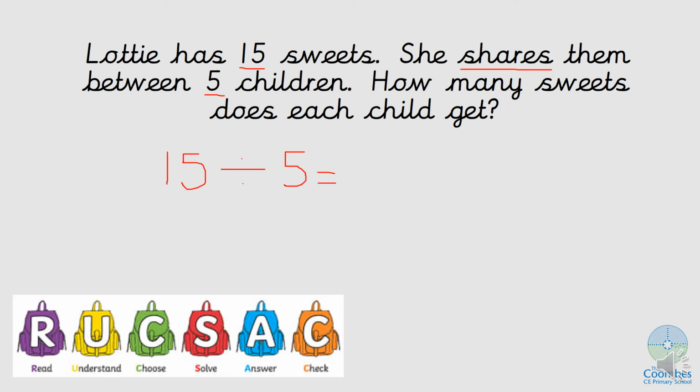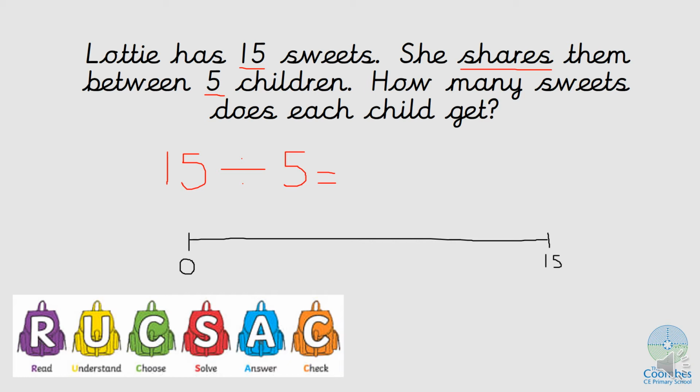Now I've got to try and solve it. So you could use equal groups, or you can try and use a number line. So I'm going to try with a number line. Oh, that's a very bad number line. Let's try that again. Yours will be much better than mine. So here's my straight line. That's better. I'm going to start at 0 and I'm going to get to 15 by counting in jumps of 5.